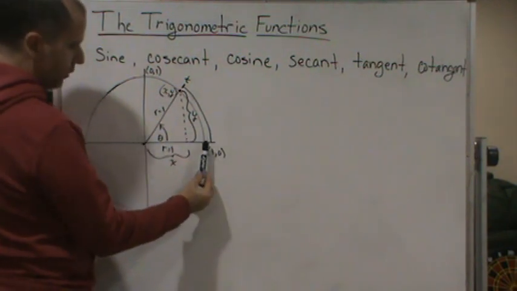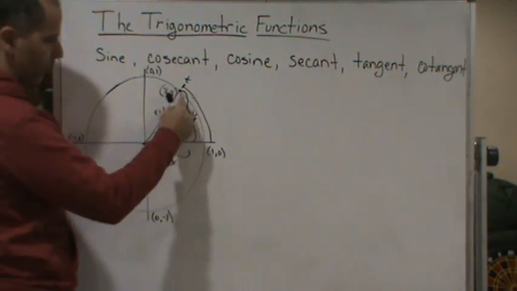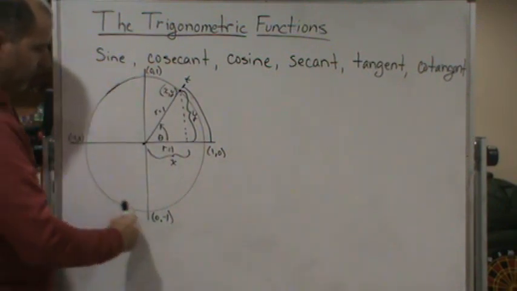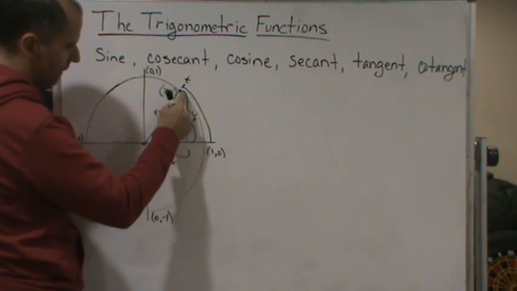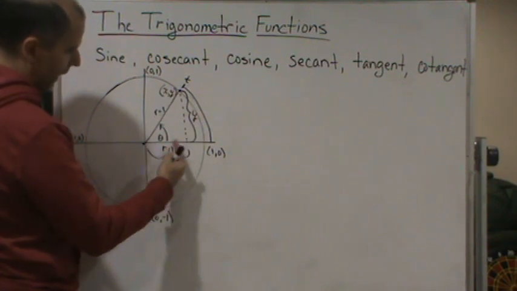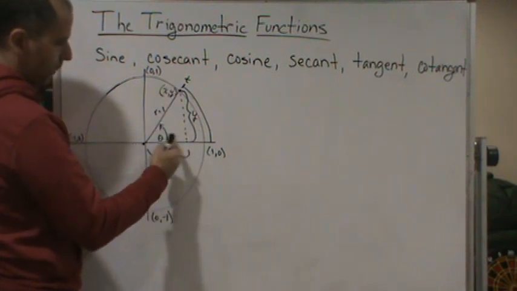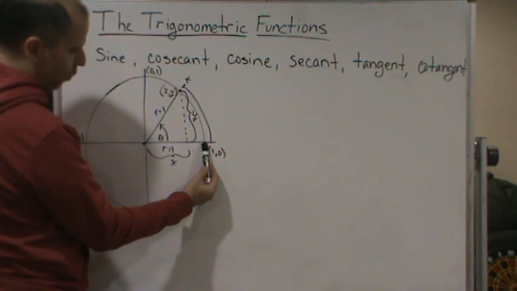Now, visualize this. Let's say this is a movable point that can slide all the way around the circle. Notice that as this point slides from 0 to t, x and y are also changing. Here x and y is at 1, 0.